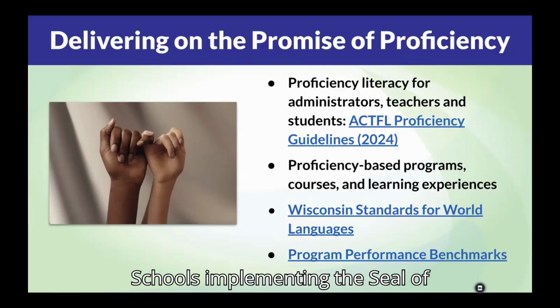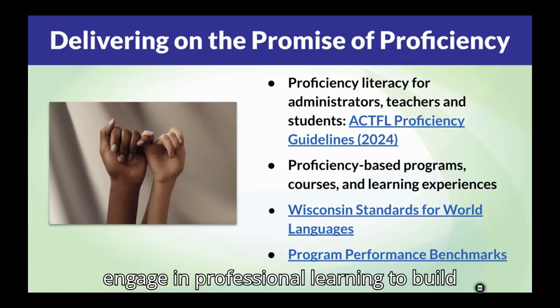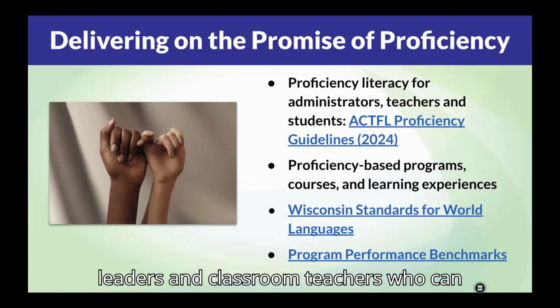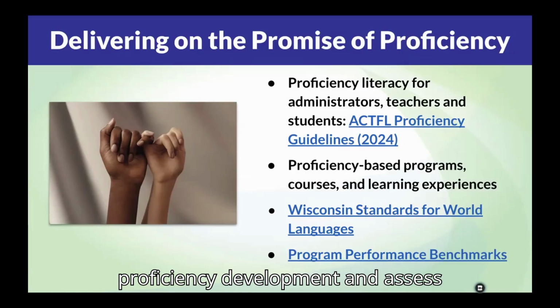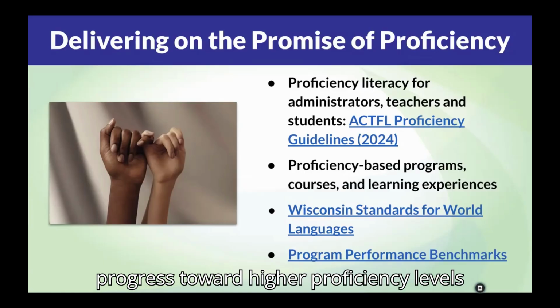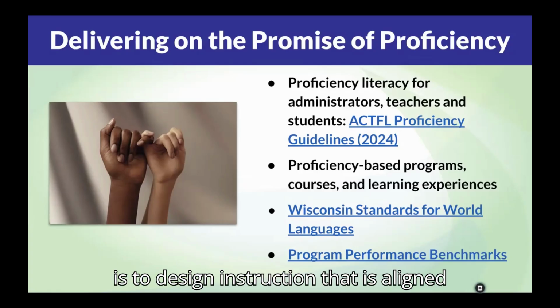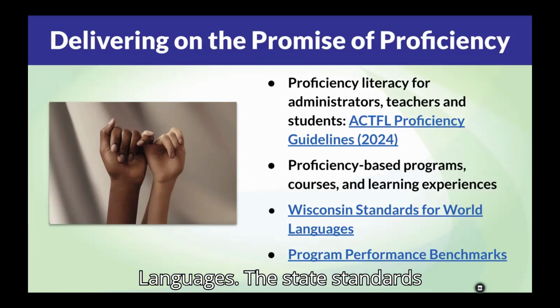Schools implementing the Seal of Biliteracy program are encouraged to engage in professional learning to build proficiency literacy for program leaders and classroom teachers, who can then design language programs that target proficiency development and assess progress toward higher proficiency levels over time. One way to do this is to design instruction aligned to the Wisconsin Standards for World Languages.